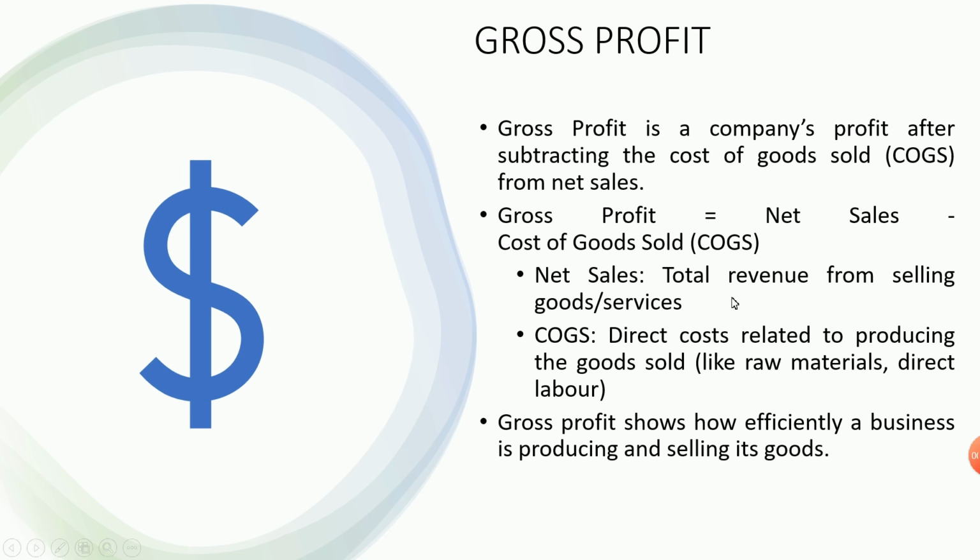Their movie sales and box office collections are way bigger, so they could manage to recover the production cost they made in the film. There are certain films with high flops, so net sales minus cost of goods sold is the gross profit.